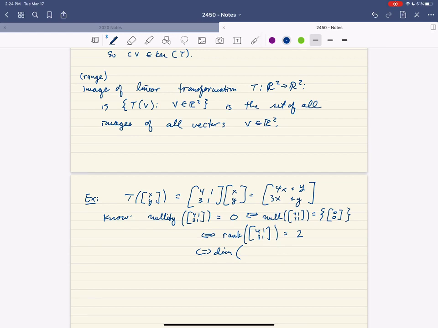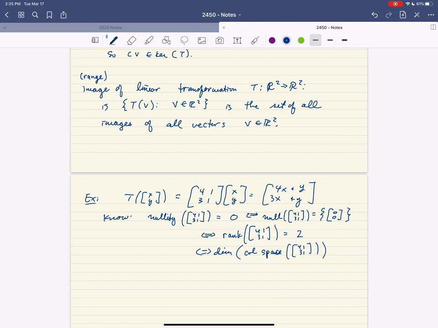It's not going to matter. Let's just talk about column space. This is the dimension of the column space of 4, 1, 3, 1. The rank is the dimension of the span of the columns. That's what I mean by column space. And we get all that from the determinant being non-zero.